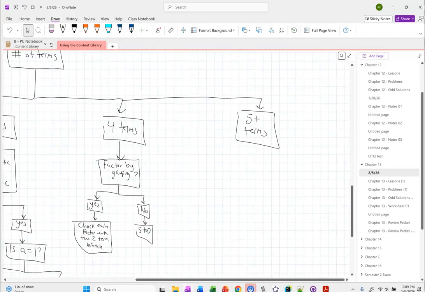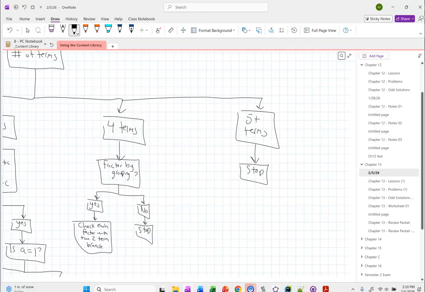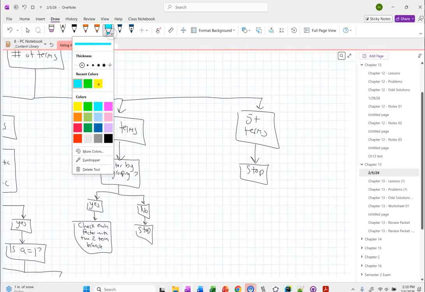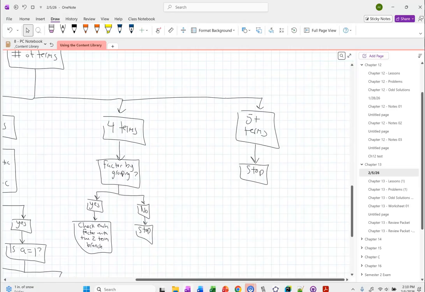And then our last step is 5+ terms. We don't have anything to do for that yet. Now, I'm going to tell you right now, this is not complete. This is what you would have done last year in Algebra 2.